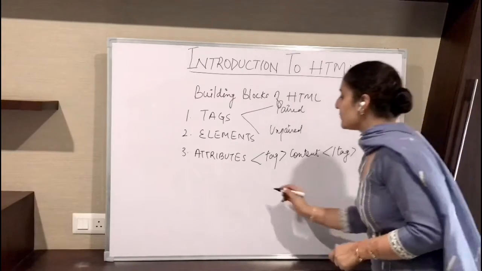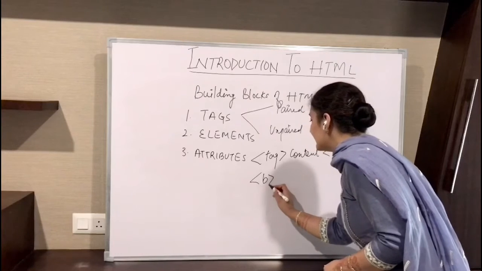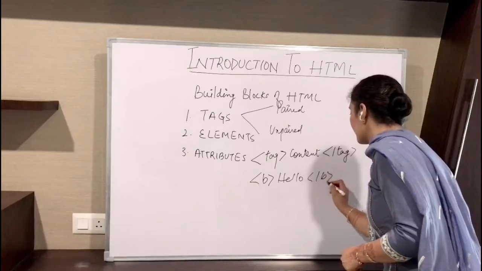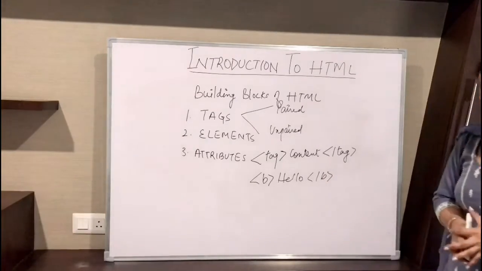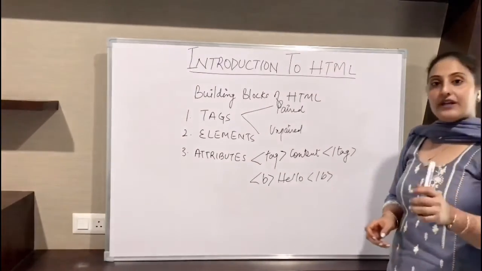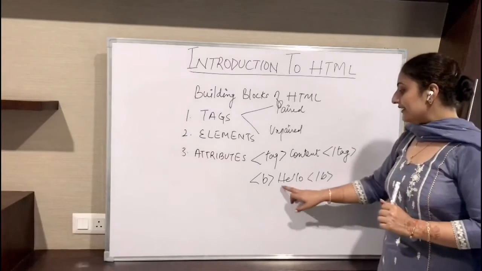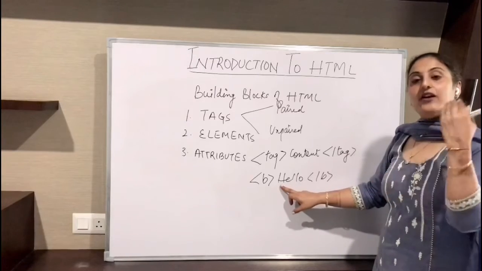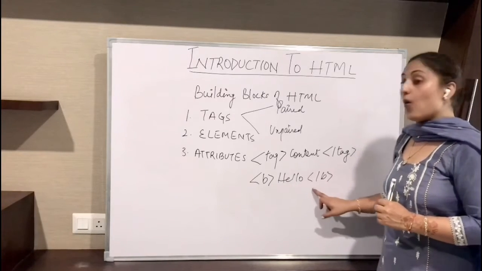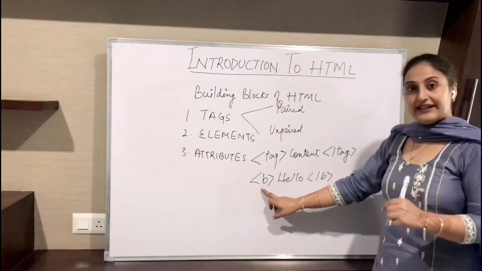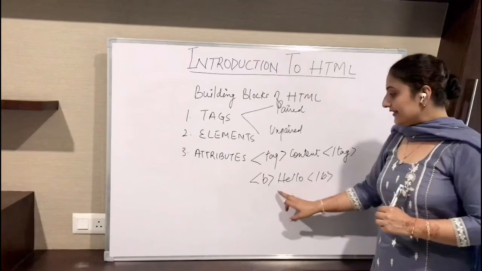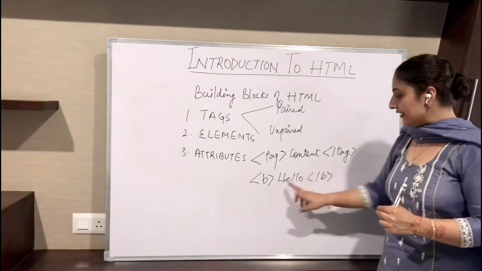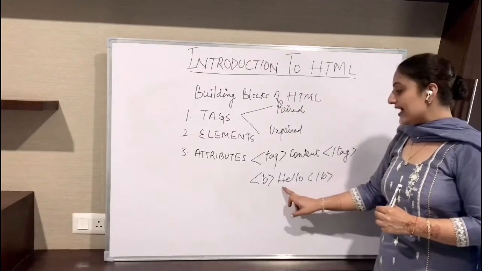For example, we write it like this: B, hello, and closing tag B. What does it mean? It means that the content written, that is hello, is displayed on the screen in bold letters, because B tag stands for bold. That means the bold tag is applied on the content written in between these two tags, that is hello.